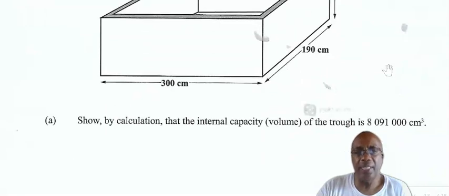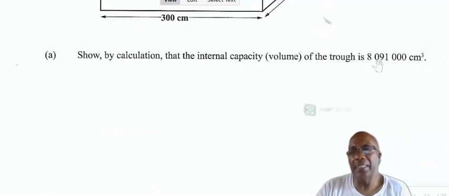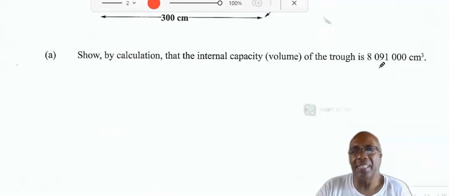The first question, show by calculation that the internal capacity or volume of the trough is 8,091,000 cubic centimeters.